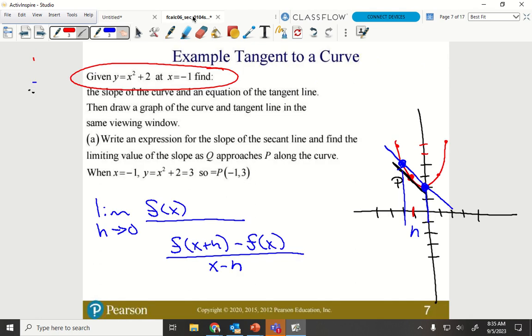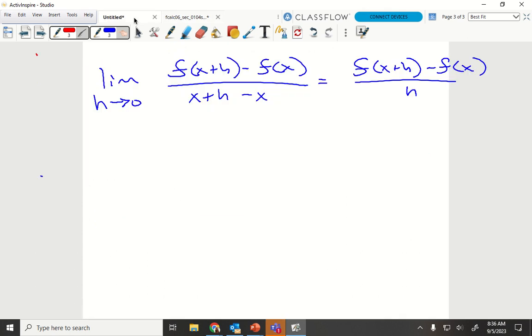So going back to this, I have my f of x is x squared plus 2, and my x equals -1. Right? Okay. So I'm going to go back to my problem. My f of x is x squared plus 2, and I want to find when x equals -1.